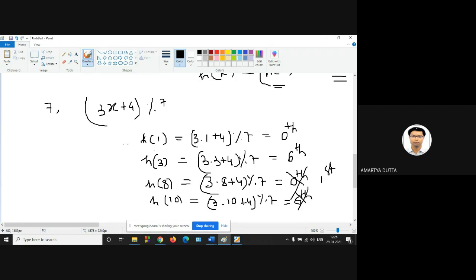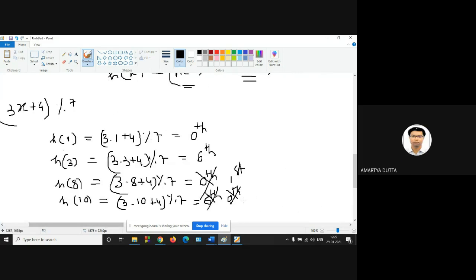The array size is 7, starting from 0 to 6, and the array is circular. So after 6, the next location is 0th location. Again a collision. Another collision. So how many total collisions? 3 plus 1, that is 4.